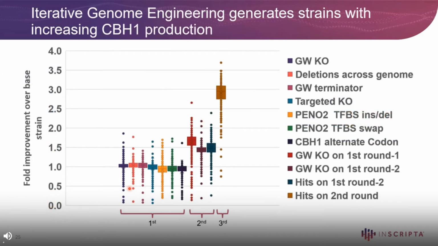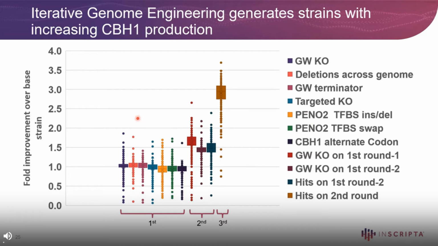Okay, so here I'm showing the primary screening data from the first round libraries, the second round libraries, and the third round libraries. And this is showing the fold improvement in CBH1 expression over the base strain. So the first round hits, again, all those different library concepts that we identified.